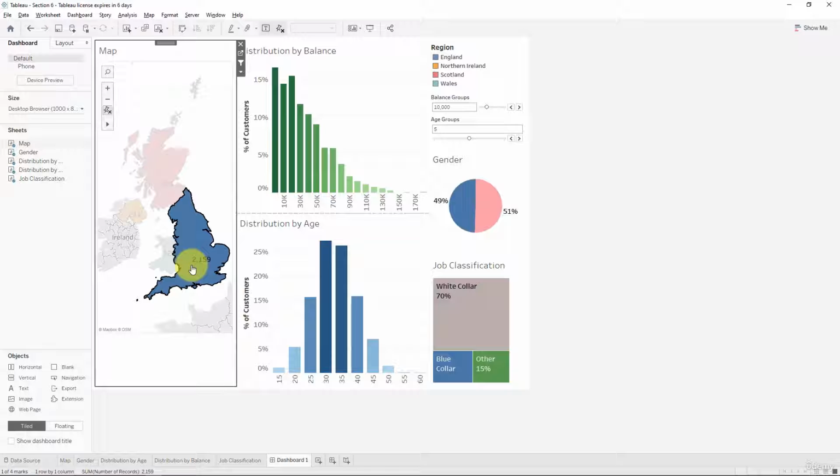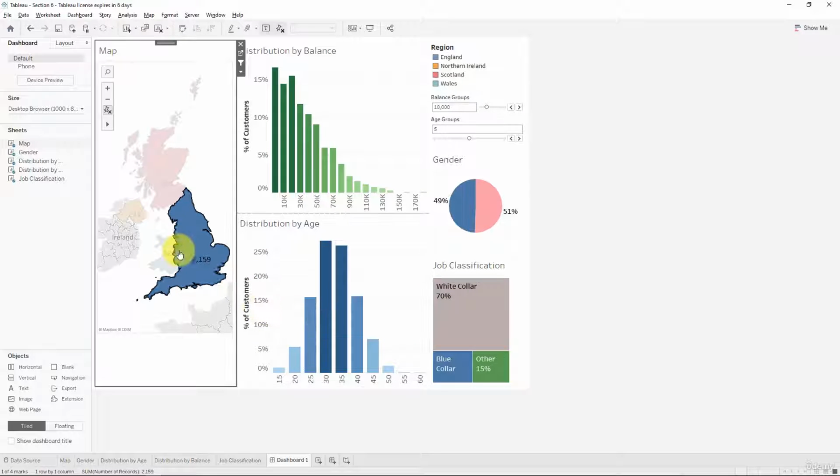Perhaps a lot of the workers in the finance industry decide to bank with our bank, so they might find it attractive, and that's something you want to convey to the executives: that when they are advertising or working with customers in England, perhaps it's a good idea to take special care of the white collar workers and see how you can tailor the services to their needs in this specific region. So that's what we're going to be focusing on in our storyline, that England is predominantly white collar workers.